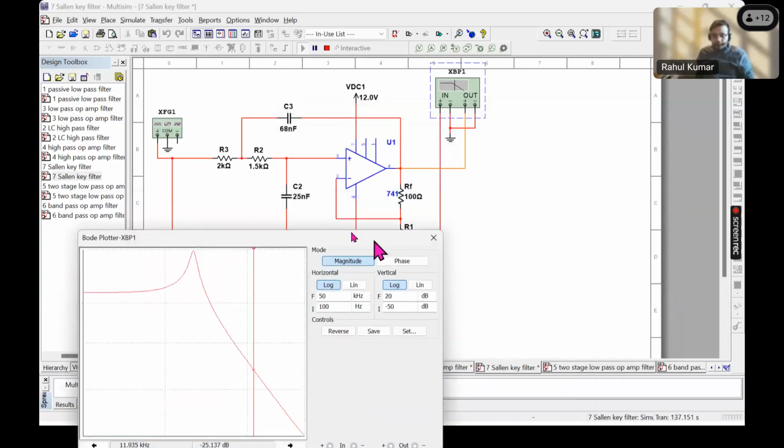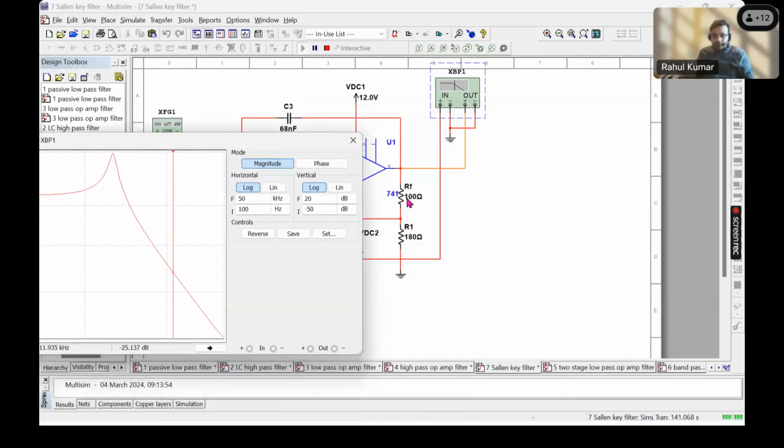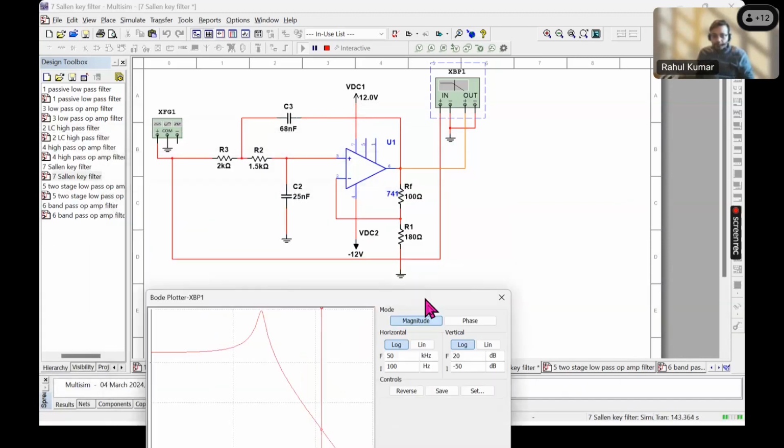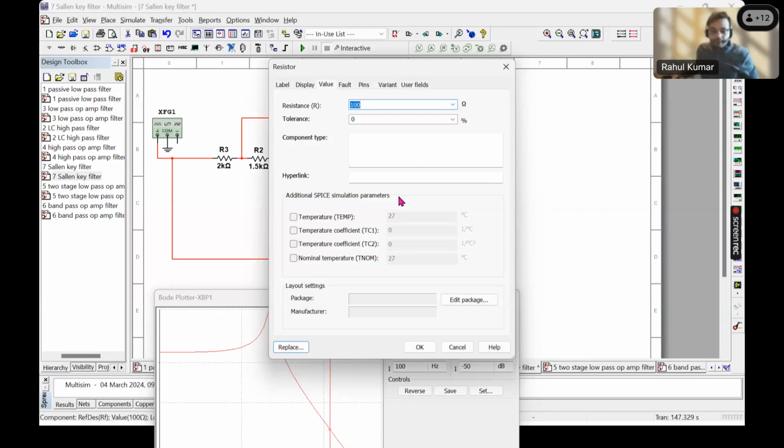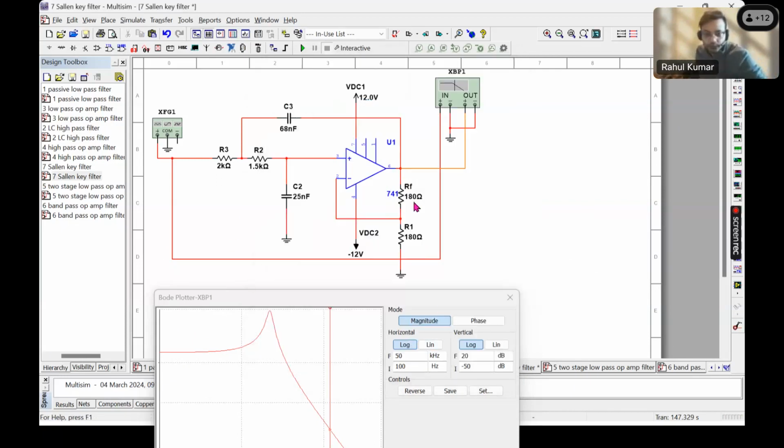Now, just one more thing. If we change the value of RF, maybe if we increase it to 180, so that my RF and R1 are equal. So in that case, my gain will be 1 plus 180 divided by 180, that's 2.